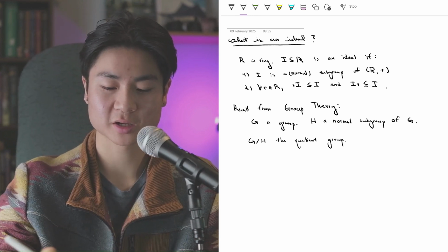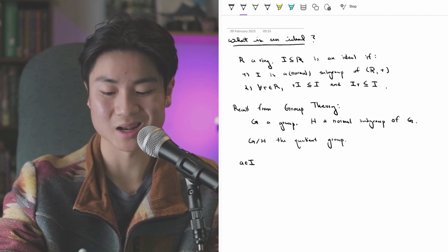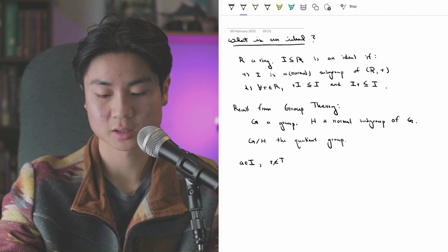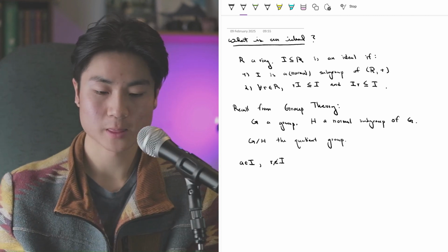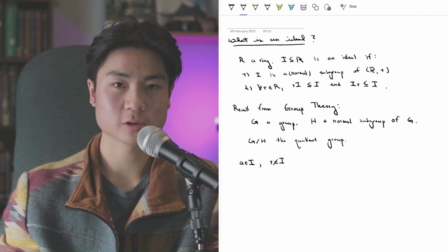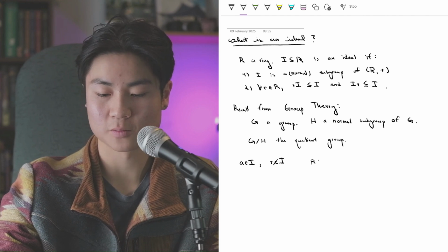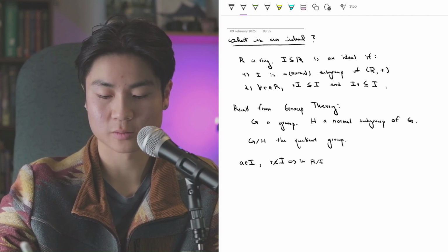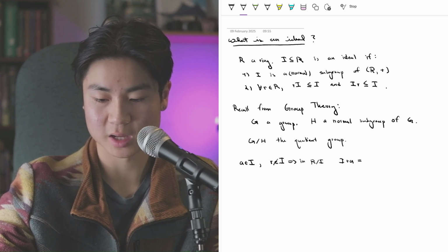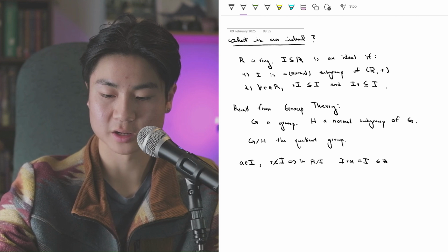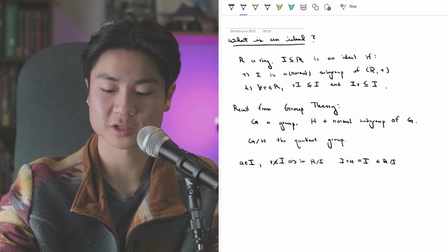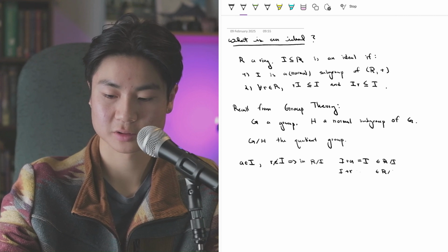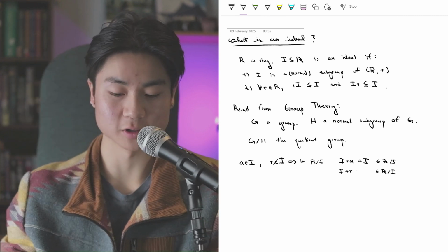So let's start by taking some element A in I, and then we'll take another element, call it R, which is not in I. Of course, this element is in the ring R. So we have these two elements, and if we were to construct R mod I, then A in I would mean that in R mod I, we would have I plus A. This is simply equal to I. This is an element of R mod I. And we would also have another coset I plus R, and this is also in our quotient ring.